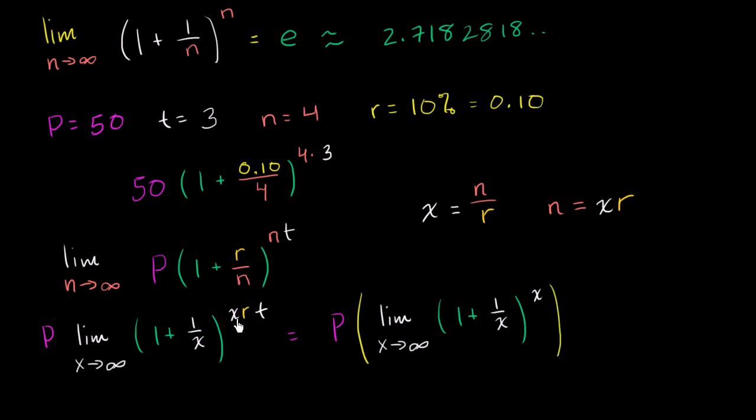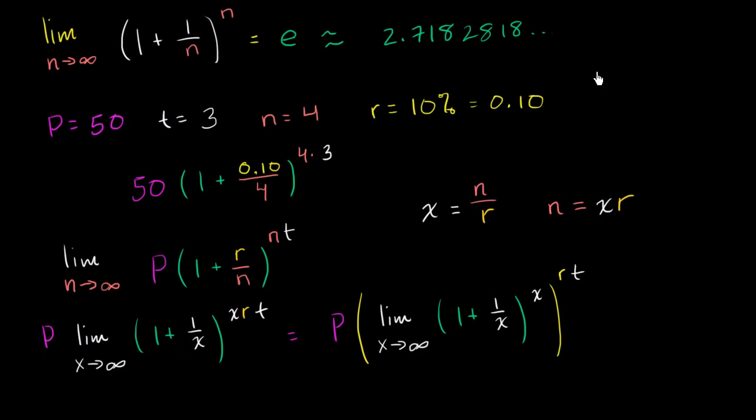If I raise something to the product of these, x times r times t, well, that's the same thing as doing this whole thing to the x, and then raising that to the rt power. This comes from exponent properties that you might have learned before. These two things are equivalent. I'm doing a couple of steps in the process here, but hopefully this seems reasonably intuitive for you.